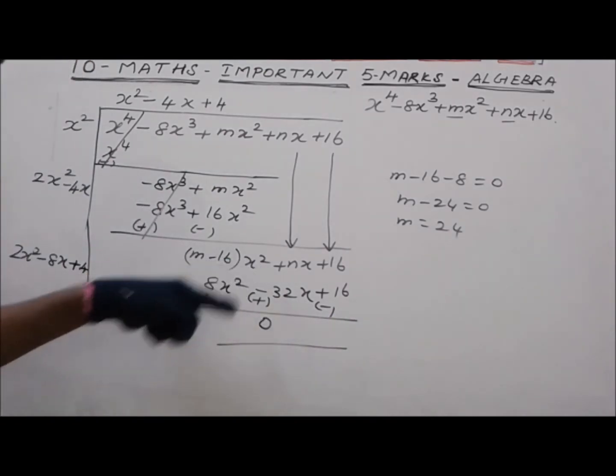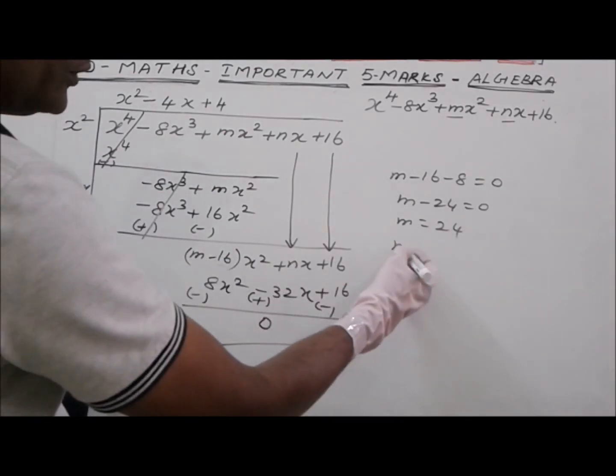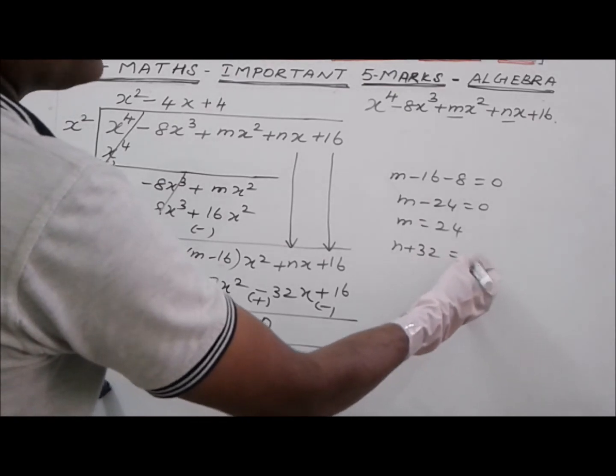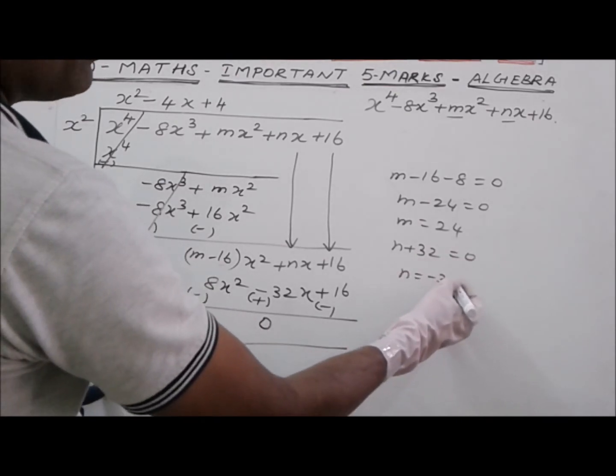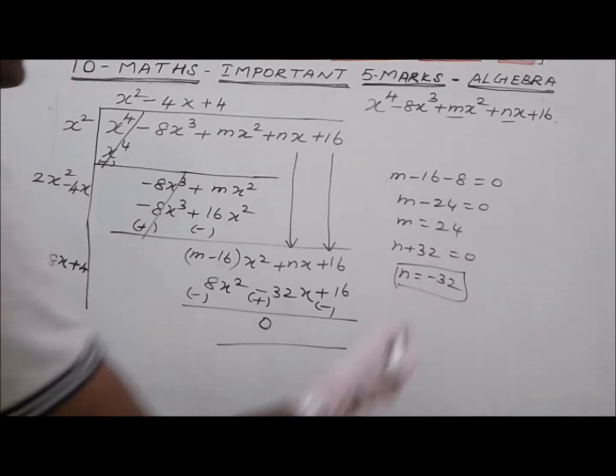For the second case, n plus 32 equal to 0, which implies n equal to minus 32.